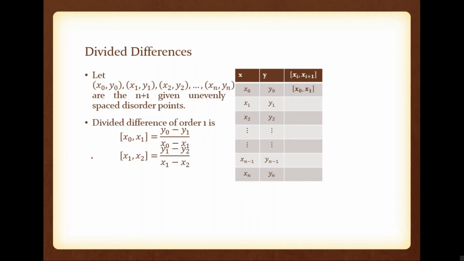This one is marked at this position, the position of x1, comma x2, because we are calculating from top to bottom. First we calculated corresponding to x0, that is x0, comma x1. Then corresponding to x1, meaning x1, comma x2, because we are calculating each element from top to bottom.